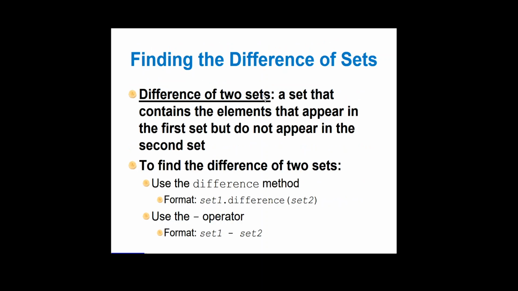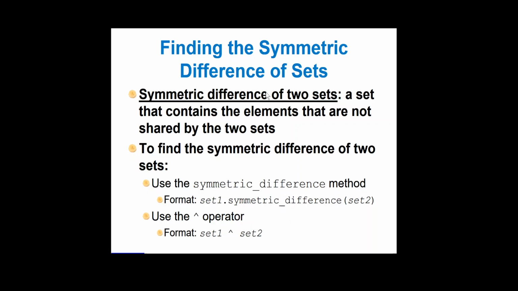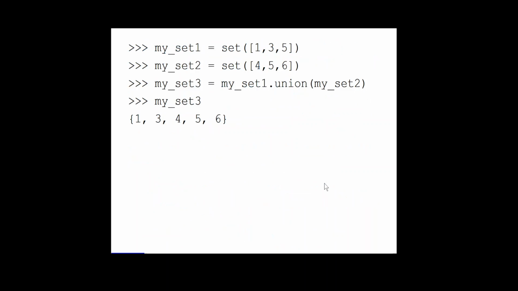Okay, we finished this one. The symmetric difference actually has a bit of a unique description, where we have the elements that are not shared by the two sets, not exactly in one set and not in the other. Actually, the elements that are not shared. So now look, in these two sets, what is shared? 5, right? 1, 3 are not shared. 4 and 6 are also not shared.